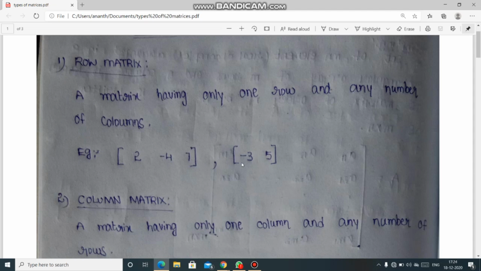This matrix has one row and two columns. It means a row matrix is a matrix having only one row and any number of columns.